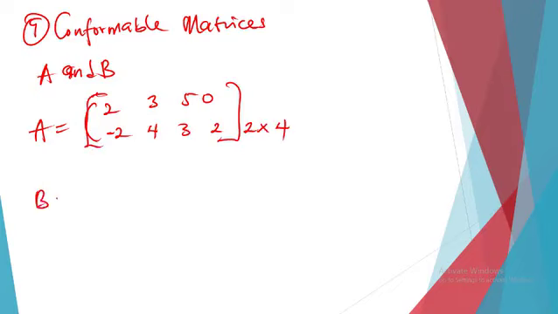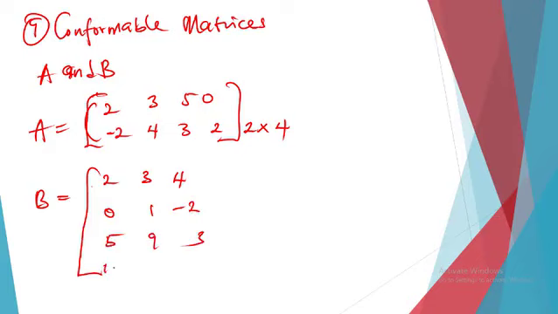Then B is equal to, let's say, 2, 3, 4. We have here 0, 1, minus 2. We have here 5, 9, 3, and then we have 1, 0, 1. What's the order of this matrix? The order is 4 by 3.